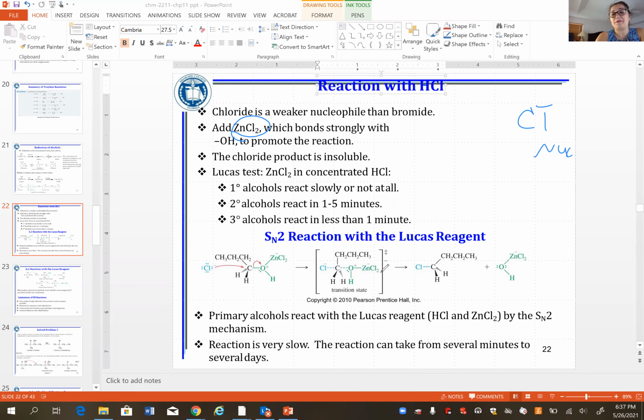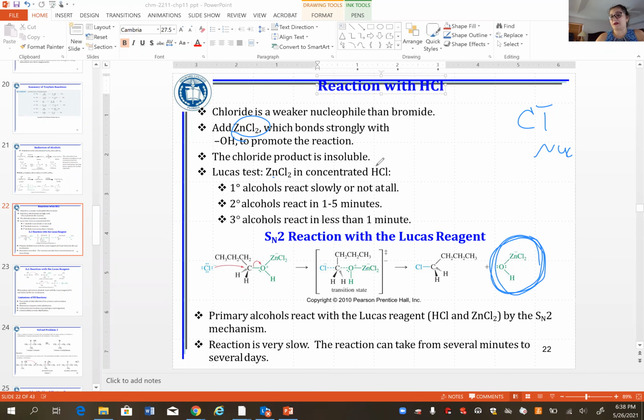Then the chloride from HCl acts as the nucleophile. Now you have a better leaving group. You see what's happening here? If you pay attention to the final product, it tells you the purpose of adding zinc chloride with HCl. We've been repeating that OH is not a good leaving group. What can you do? You can protonate it, or you can tosylate it.